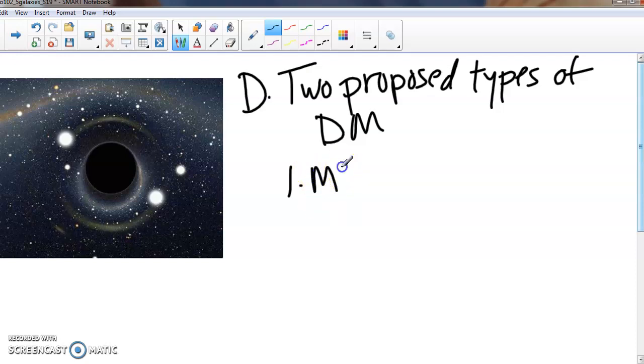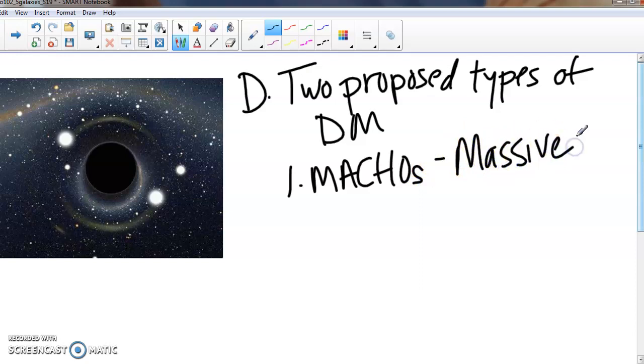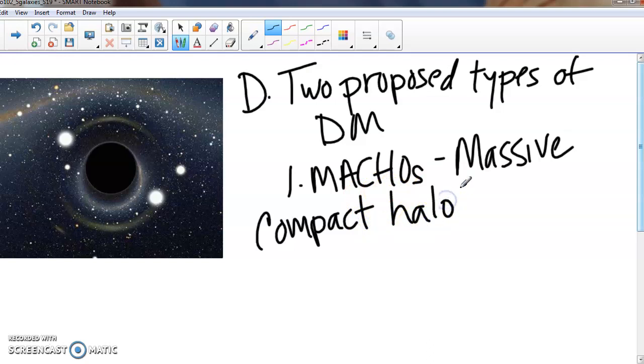The first is a MACHO. MACHOs are short for massive, because we need mass, right? Compact, because if they're small, they're hard to see. Halo, they have to be way, way out there. Objects. Massive, compact, halo, objects. What could these be?